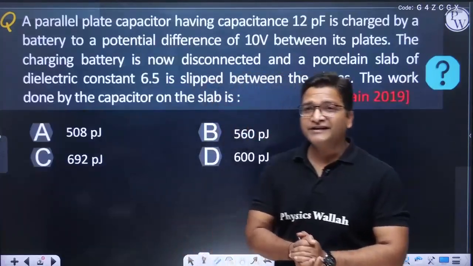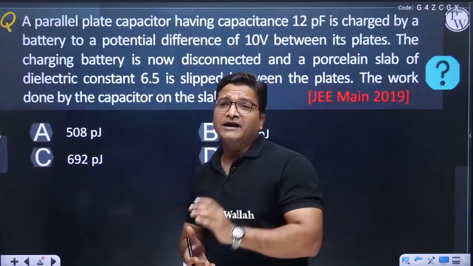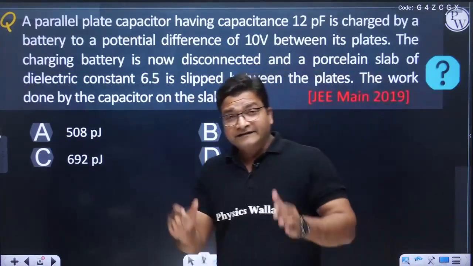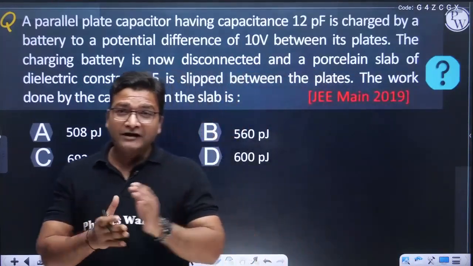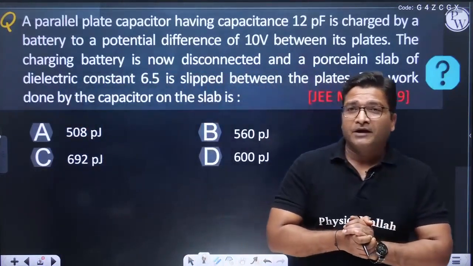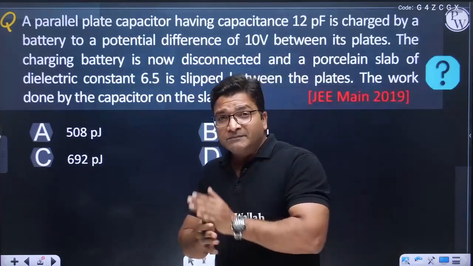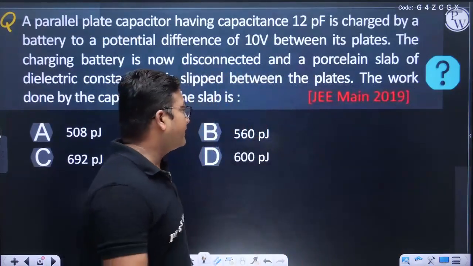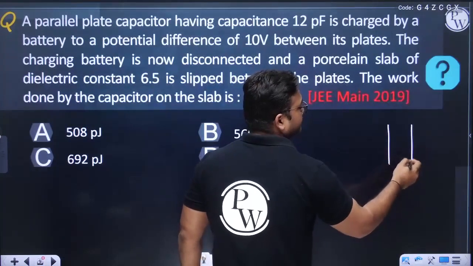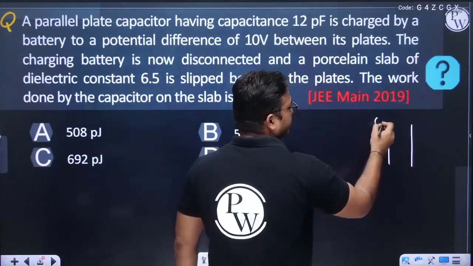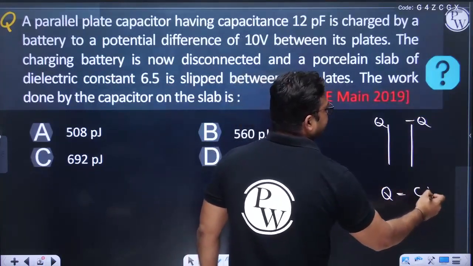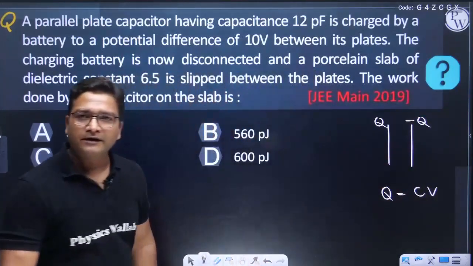Okay, in this question they are saying a parallel plate capacitor having capacitance of 12 picofarad is charged by a battery of 10 volt, battery of EMF 10 volt. After charging, the battery is disconnected. So if the battery is disconnected, now we have an isolated charged capacitor, and the charge on it is say plus minus Q, and obviously Q would be equal to C times V, right?